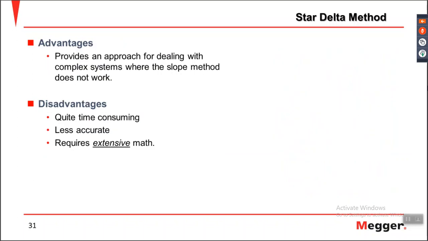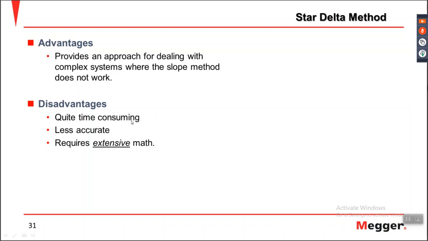It is very useful in urban locations where it's difficult to find a large area to put the long current cable and current probe. I think you can use this method as an alternative. The advantage is it provides an approach for dealing with complex systems where the slope method does not work.